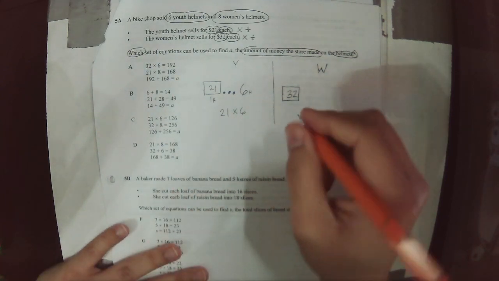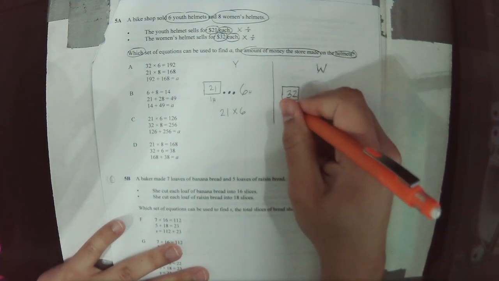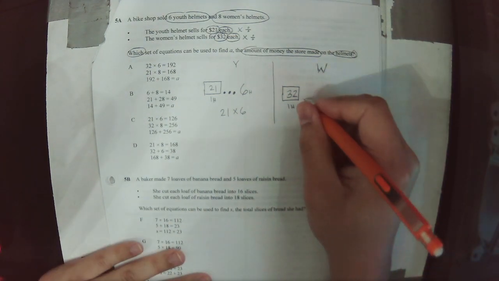Bella, did they sell one helmet, or did they sell more than one helmet? More than one. How many did they sell, Bella? How many of the women's helmets did they sell? They sold 8. Again, I'm going to take a shortcut.